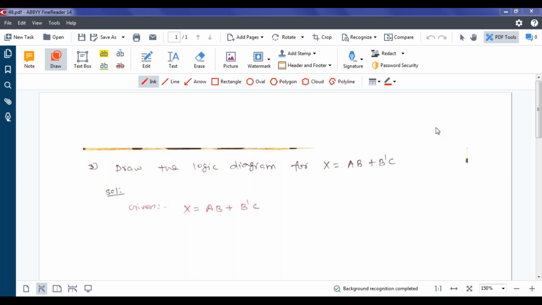It is very simple. Already two problems explained. Very simple expression. Anyone tell me the answer, how we can implement?